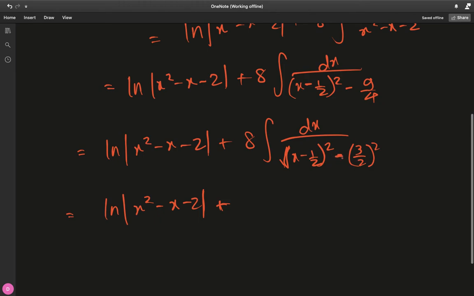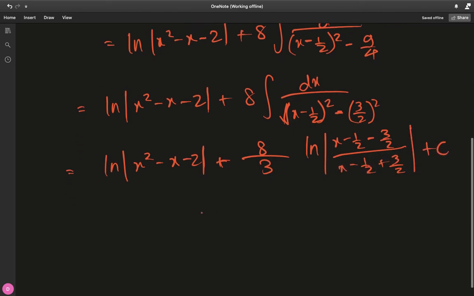I'm not going to do that, it's a lot of effort for nothing. So we have 8 over 2 times whatever this constant was that was squared. So 2 times 3 over 2 is 3, times natural log of x minus half minus 3 over 2 divided by x minus half plus 3 over 2, plus constant of integration c.